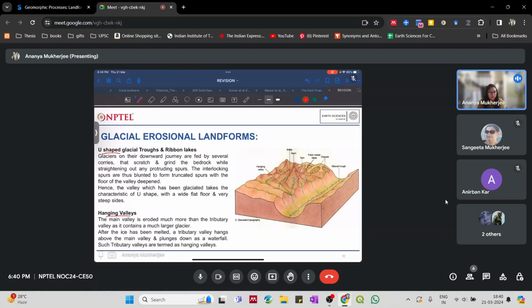You can see over here, this entire part is the U-shaped glacial trough, whereas all these smaller valleys feeding into the U-shaped valley are called hanging valleys, because in visualization you can think of them as hanging over the U-shaped valley.